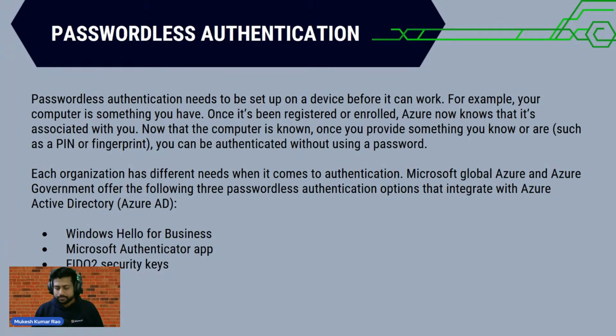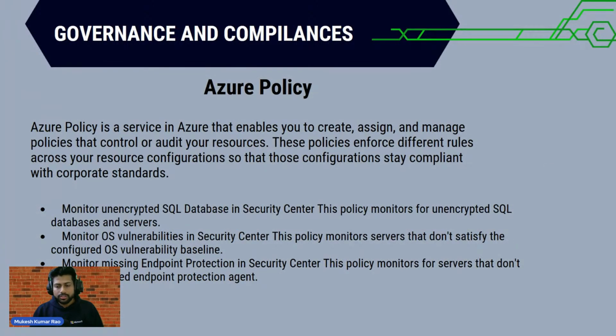Then we have Azure Policy, which we use for the governance and compliance part. It tells you what kind of process and standardization you have to follow to run your resources on cloud and in an IT company.